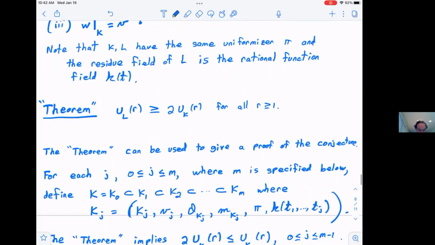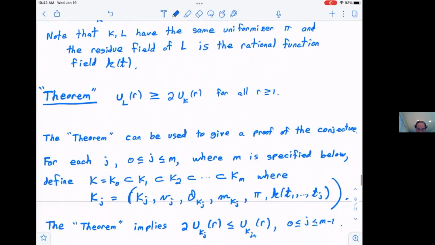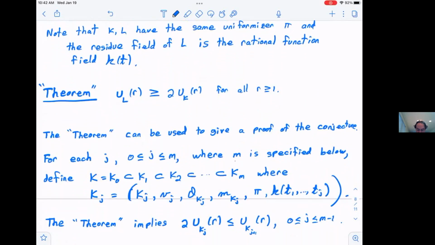It's kind of interesting. For each j between 0 and little m, where this little m is going to be specified below, I define a chain of fields, capital K, which is K_0, contained in K_1, K_2, up through K_m, where I'm using this construction over and over. K_j is shorthand for all of my information: same uniformizer, but the residue field is K adjoin T_1 through T_j.